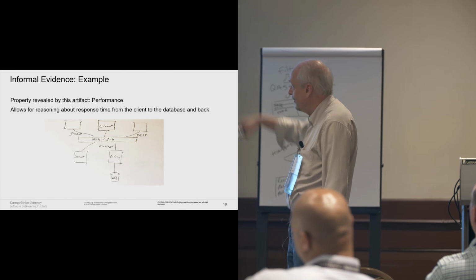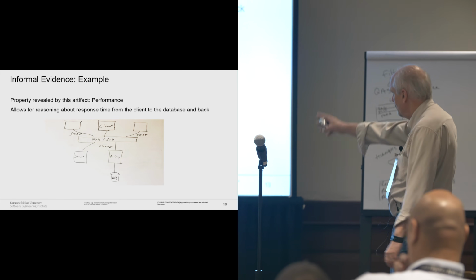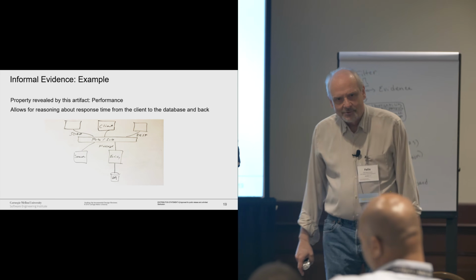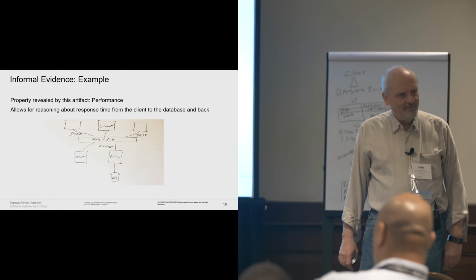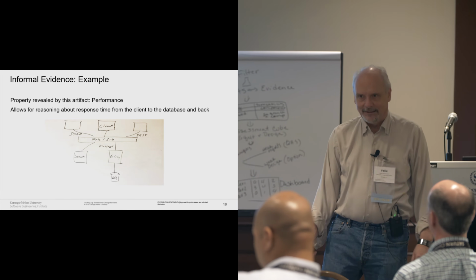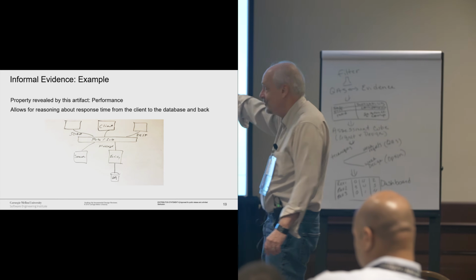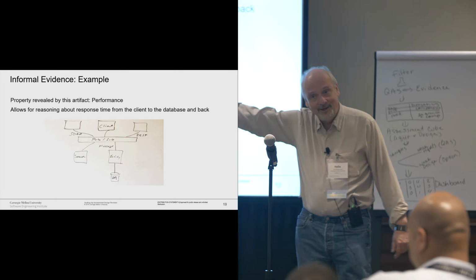Interesting thing. So the problem was a performance problem. And the people drew that picture. Again, does it say anything about performance? Well, again, not directly. But as you can see here, you see the words SOAP and REST in there.